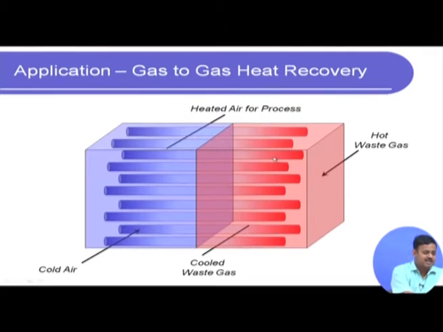The way it is done is, you have an array of heat pipes like this, all these circular pipes that you see inside. These are heat pipes, with very high effective thermal conductivity in the axial direction. If you connect the two sections by an array of heat pipes like this, the thermal energy or heat will be conducted very effectively, with minimal temperature drop, from the hot gas, which would otherwise have been wasted, to the fluid we want to heat, in this case air.